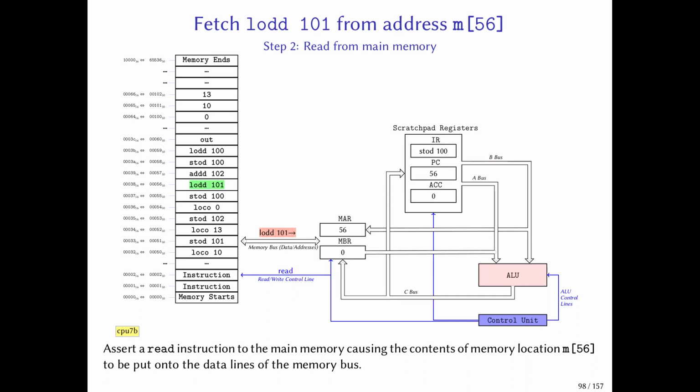The primary memory reads the value inside the memory address register, accepts the read instruction, goes to memory cell 56, and copies the contents of memory cell 56 over the memory bus so that it becomes an input to the CPU on the data lines of the memory bus.